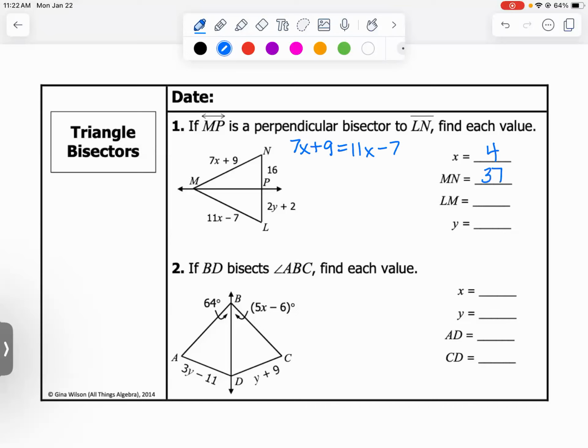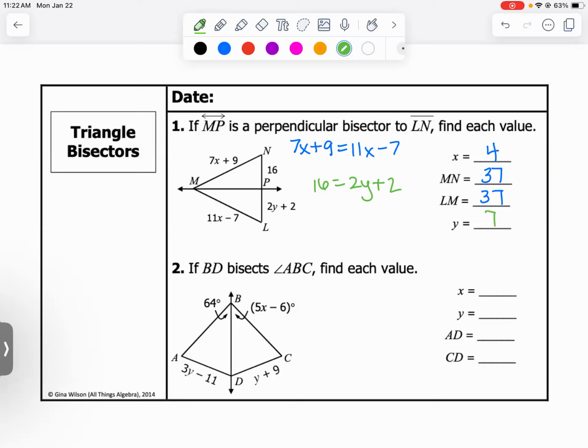I agree. Okay. Harvey, with confidence, what's LM? 37. There we go. Okay. Alex, how do we solve to find Y? Nora, what is y equal?